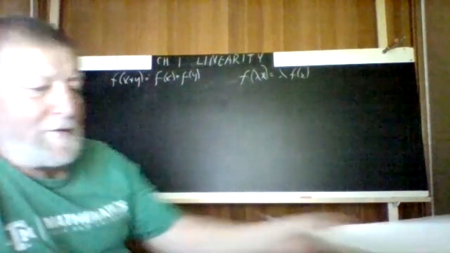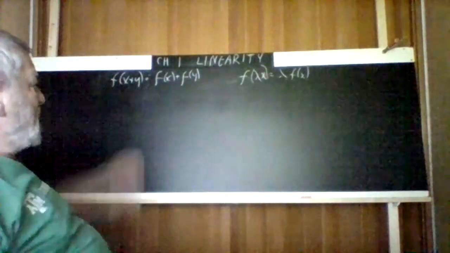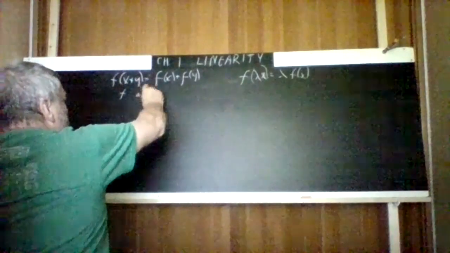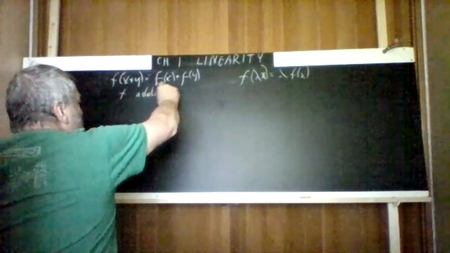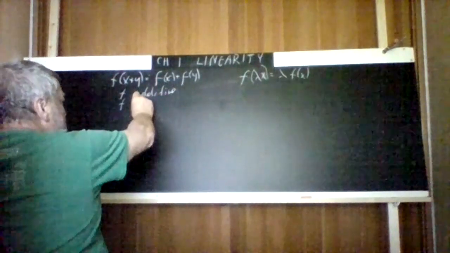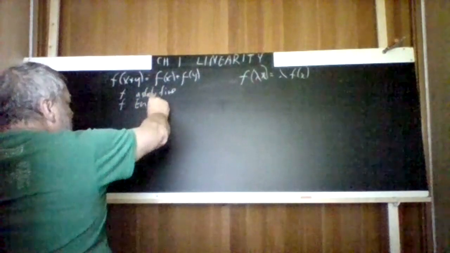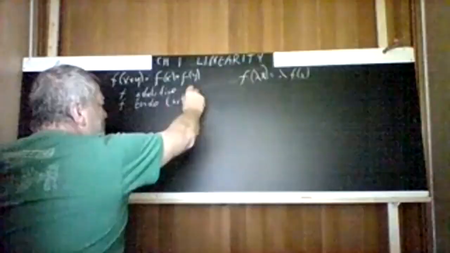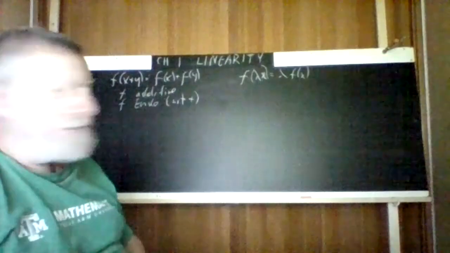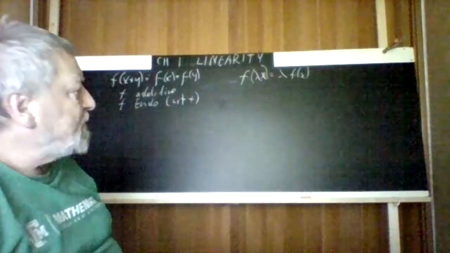Now, the first thing is also sometimes called that f is additive, that it's an endomorphism with respect to plus. And this here is a condition which is often called that f is homogeneous.